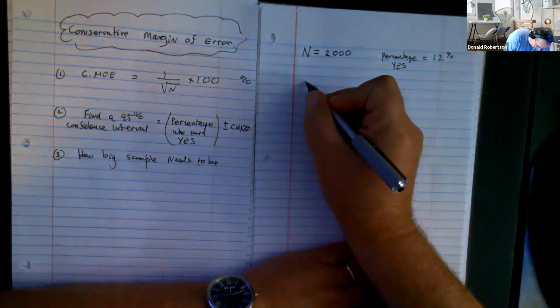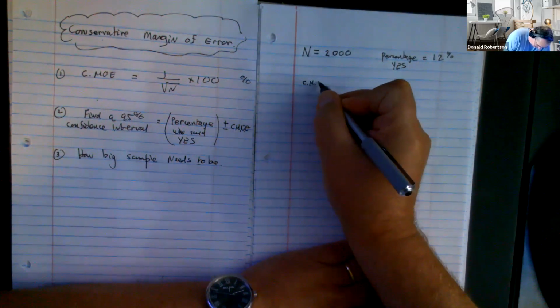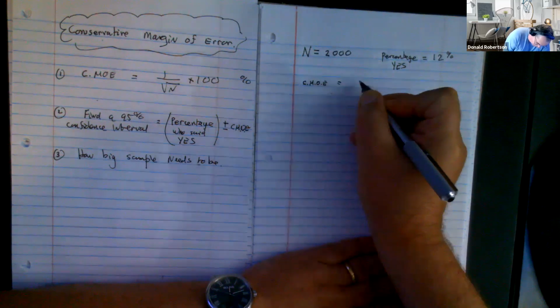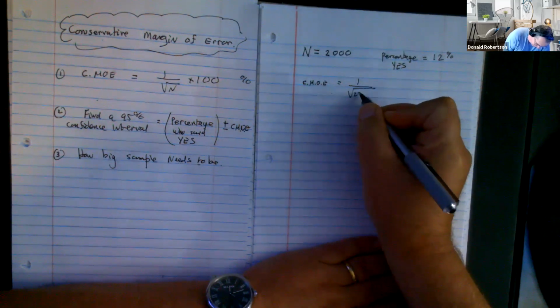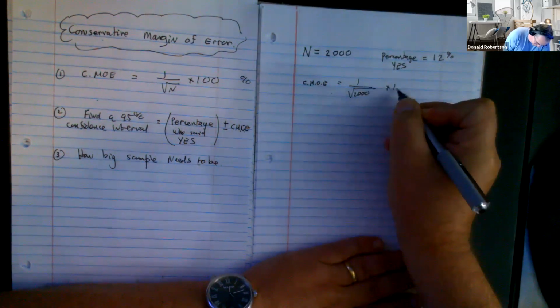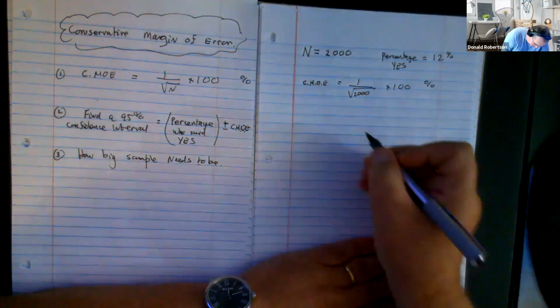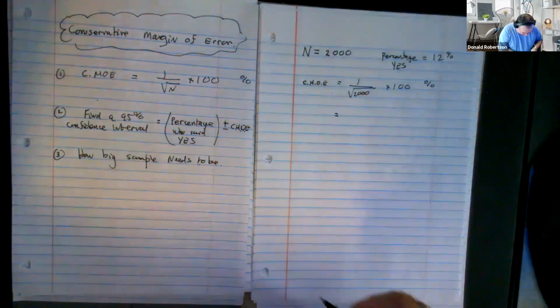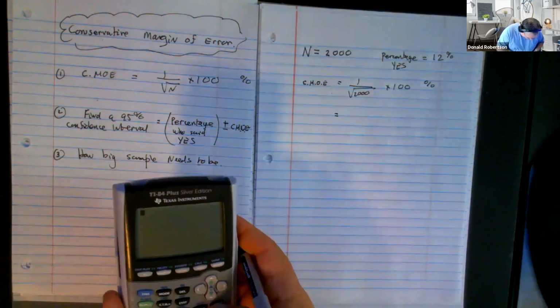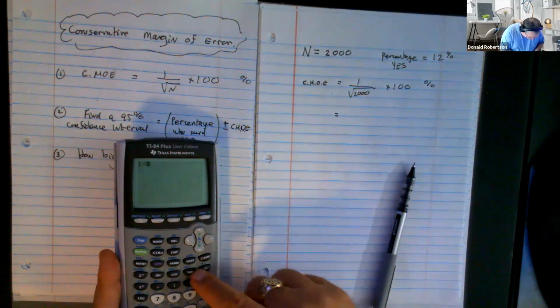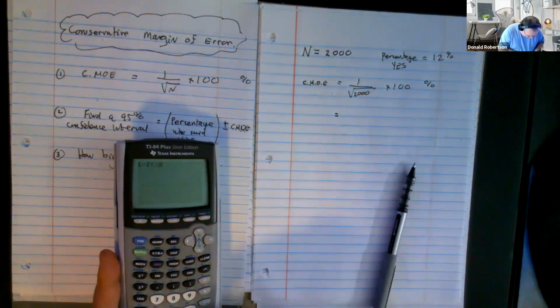So the conservative margin of error is 1 over the square root of 2,000 times 100 followed by a percent. In this case, hopefully I can hit the buttons the right way around: 1 divided by the square root of 2,000, times the answer by 100.